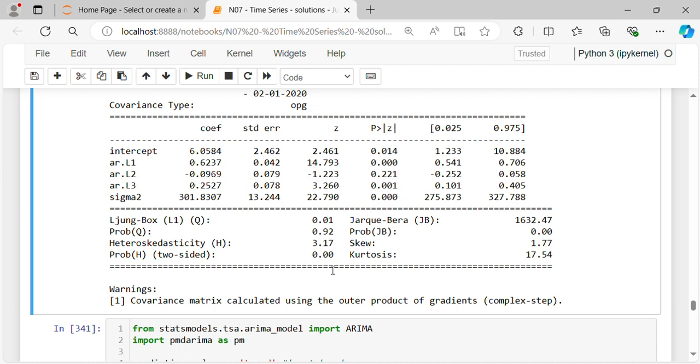And then we have other things over here. The skew is 1.77. The kurtosis is 17.54. There is a warning: covariance matrix calculated using the outer product of gradients (complex step).